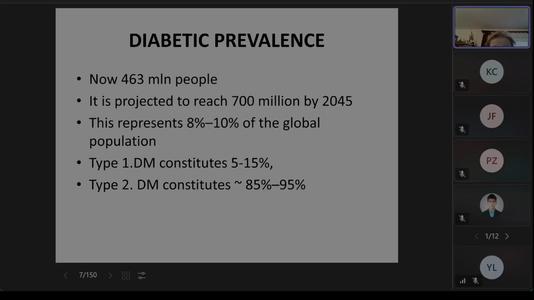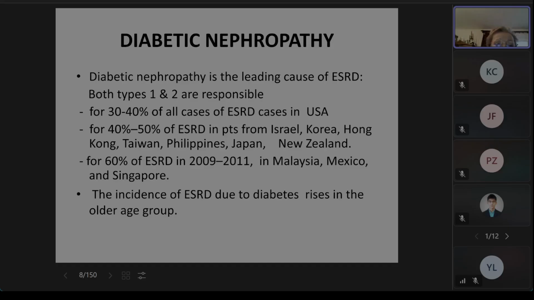The second one constitutes over 80 up to 95% of all people suffering from diabetic nephropathy. Diabetic nephropathy is nowadays the leading cause of end-stage renal disease.